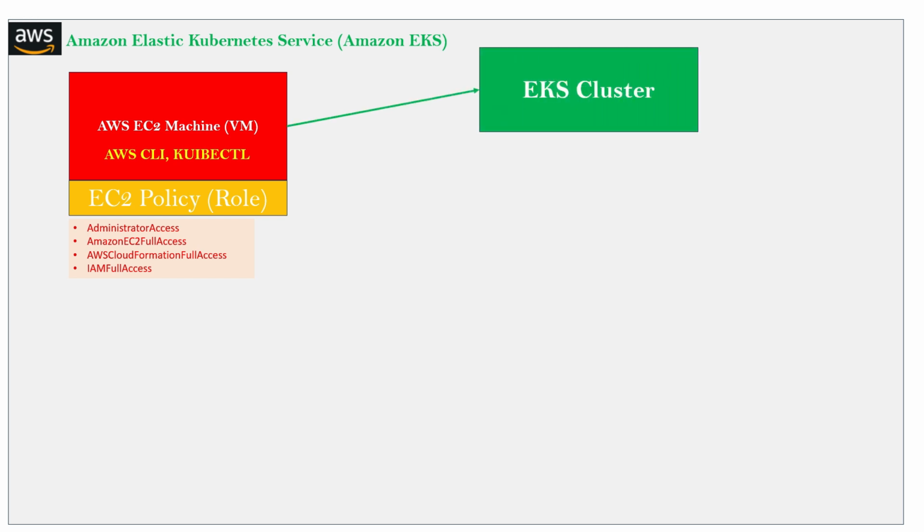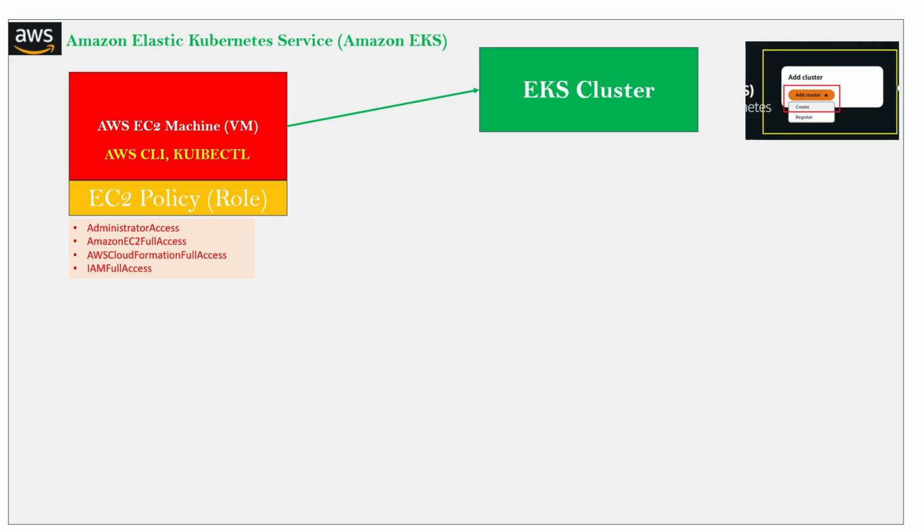Second, after that we have to set up the EKS cluster, which means we are going to create the master node, which is also called the control plane. Again, it's a very straightforward process. You can go to the AWS console, go to the EKS option, click on add cluster, and then create the cluster. Once you create the cluster, it will prompt you for some different options.